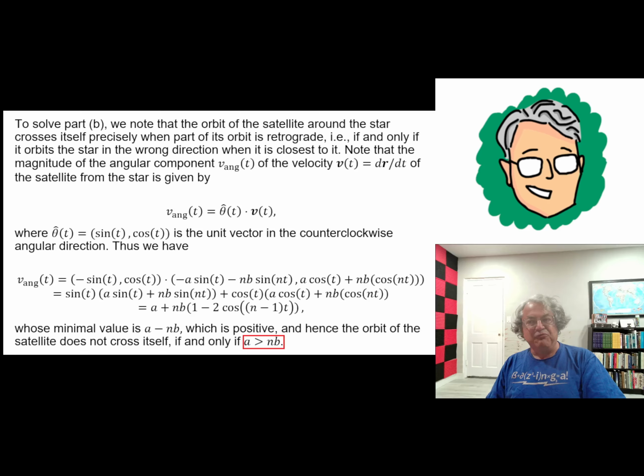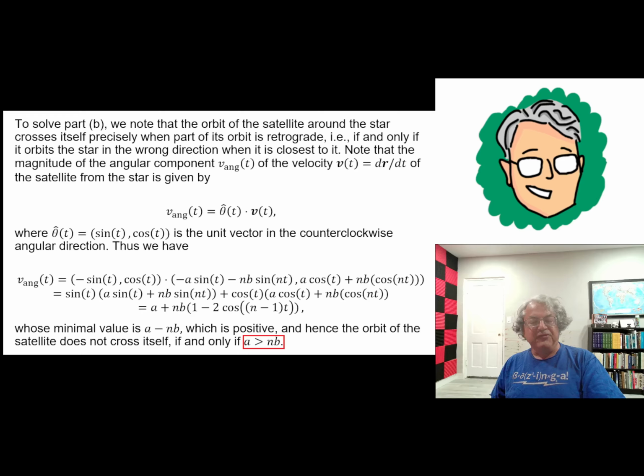That's just the unit vector in the theta direction. If you like, it's a unit vector going counterclockwise about the origin. And we know from calculus the components, I think I wrote this down wrong here, should be minus sine t comma cosine t. I wrote it down right later. But anyway, we can just calculate this.